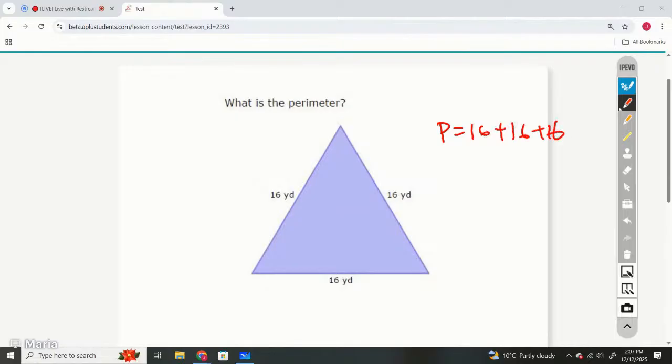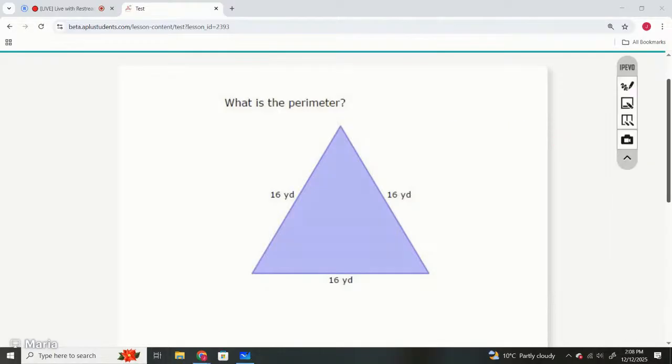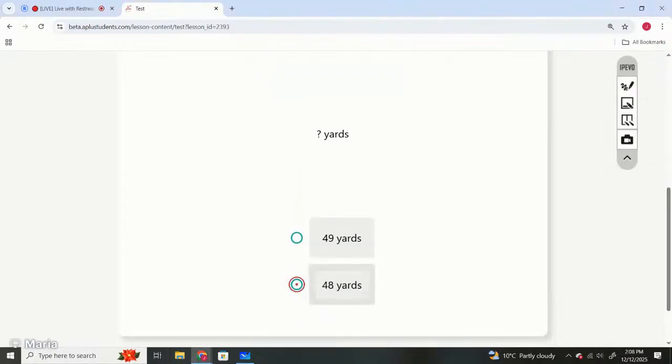So which is the correct option? That equals 48 yards. Option number 2 is the correct option.